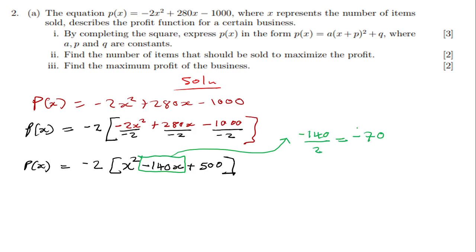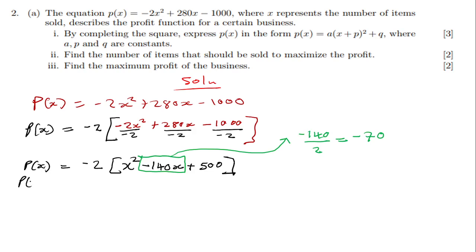Now, this negative 70, which you have found there, this is what you're going to use. You're going to go back. Remember, I have found the half there. So I'm now going to do the following with that negative 70.